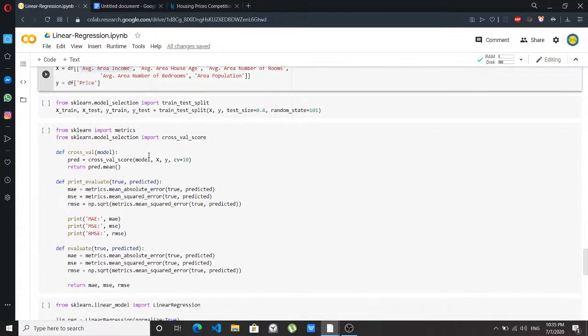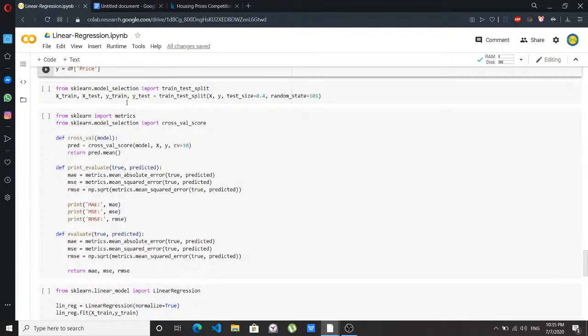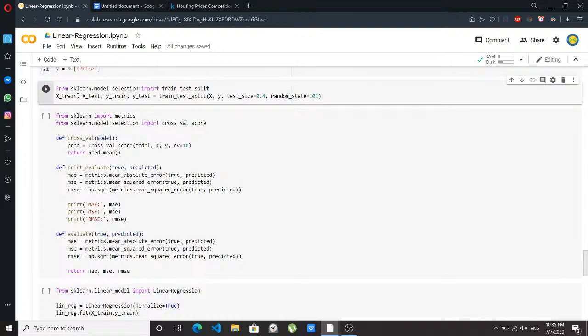So here from sklearn model selection, I'm importing this library and using train_test_split, because I want to split the data into test and train. When I use this library, it usually gives 4 outputs: x train, the training x value, x test, y train, and y test.